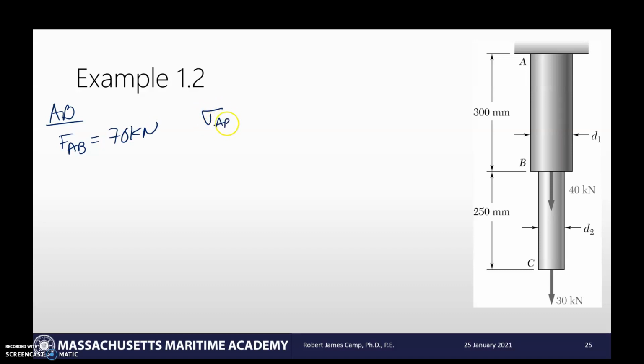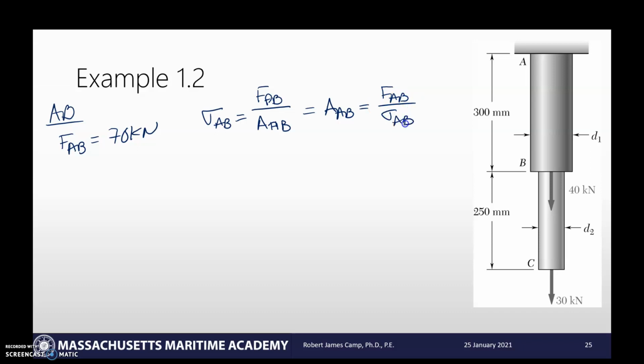So the stress in AB is going to be equal to the force in AB divided by the area of AB. Now I already know what my allowable stress is, and I know what my force is, so I'm going to rearrange this for my area. And so the area of AB is going to be the force of AB divided by the stress in AB.